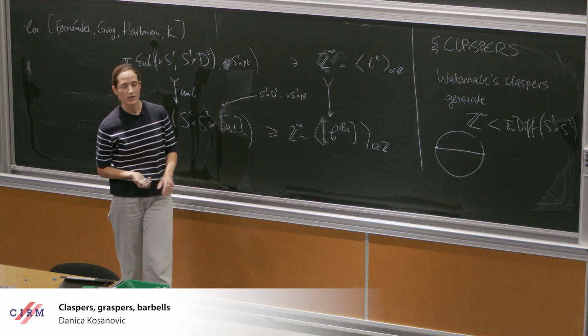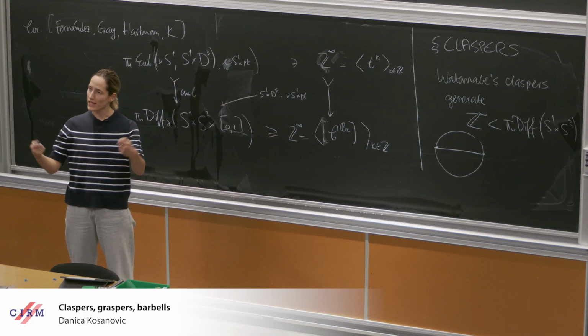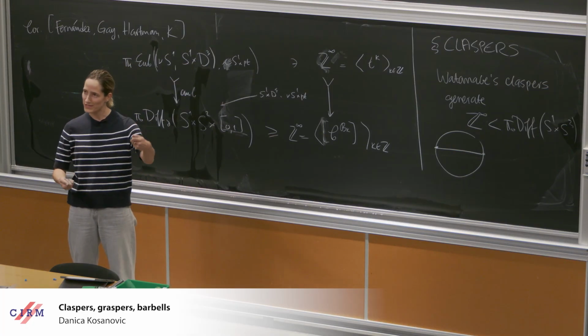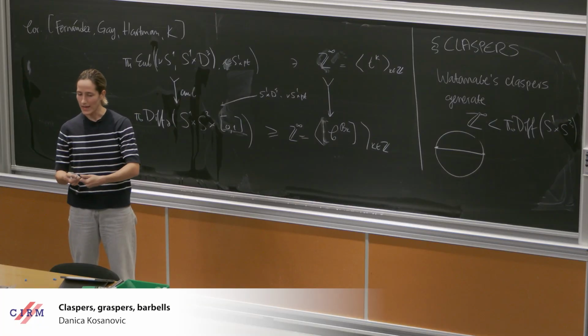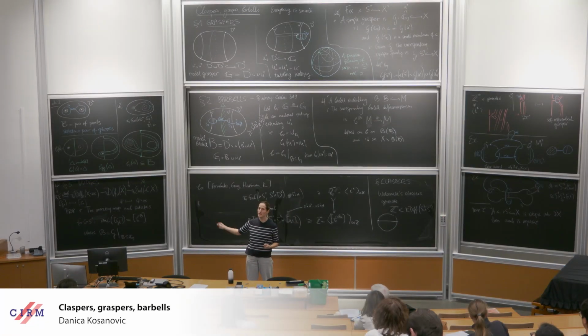And so one connection that I want to mention is that you can relate these constructions. You can show that Watanabe's claspers are obtained by something like this ambient isotopy extension map from Graspers.